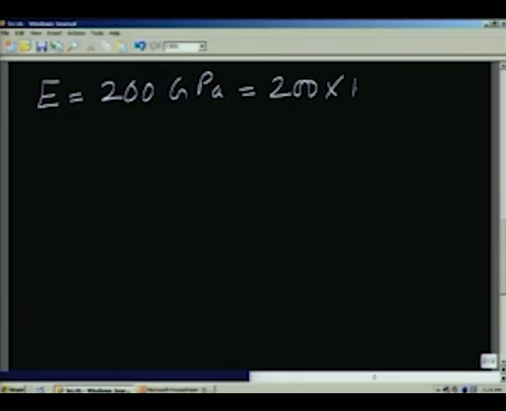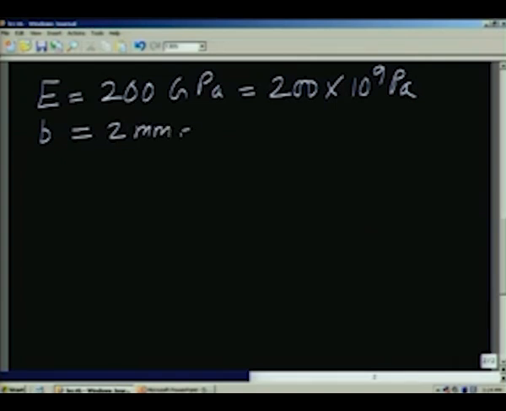We are given the material property as E equal to 200 gigapascals, which will be 200 times 10 to the power of 9 pascals. The width b is 2 millimeters.